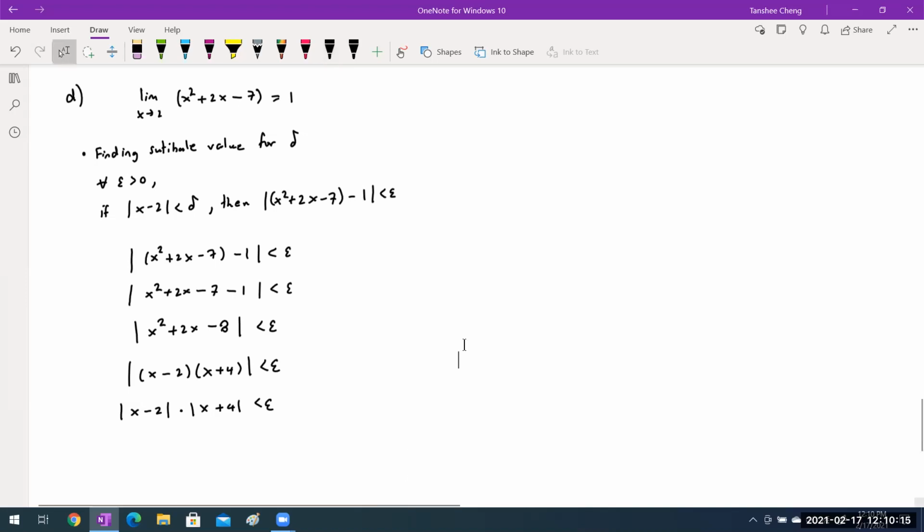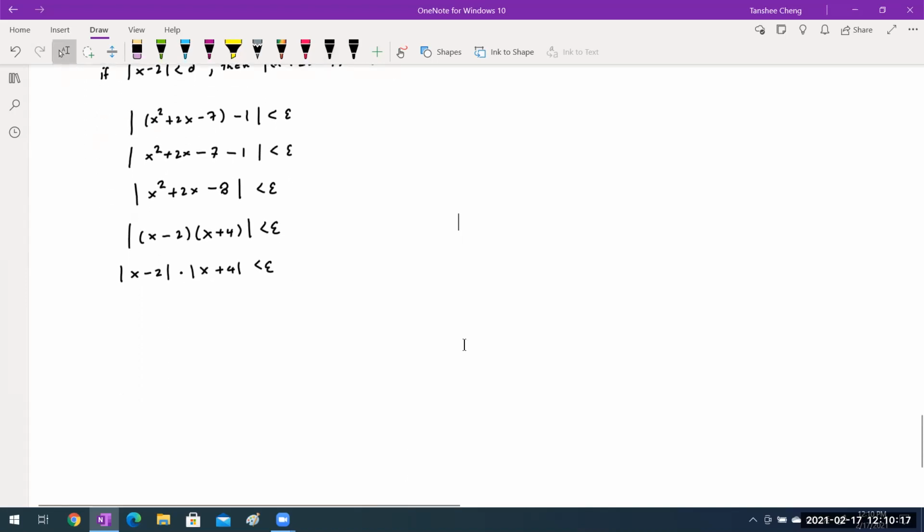This is a little bit of side work that we need to deal with. So we cannot just write down epsilon divided by x plus 4. So what we want to do in this case is we want to find out.